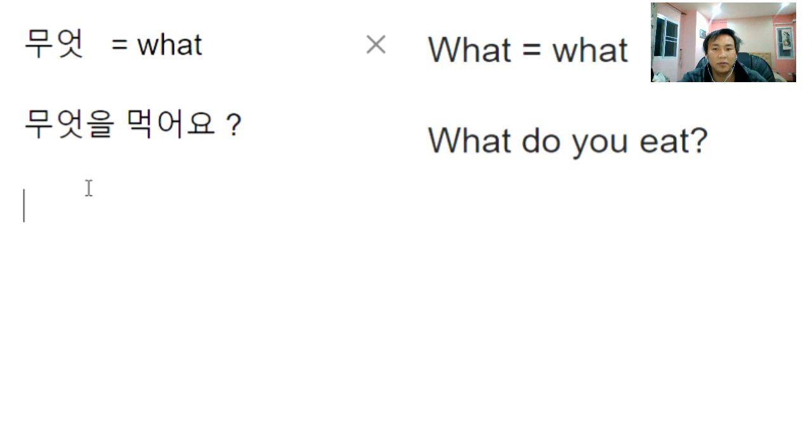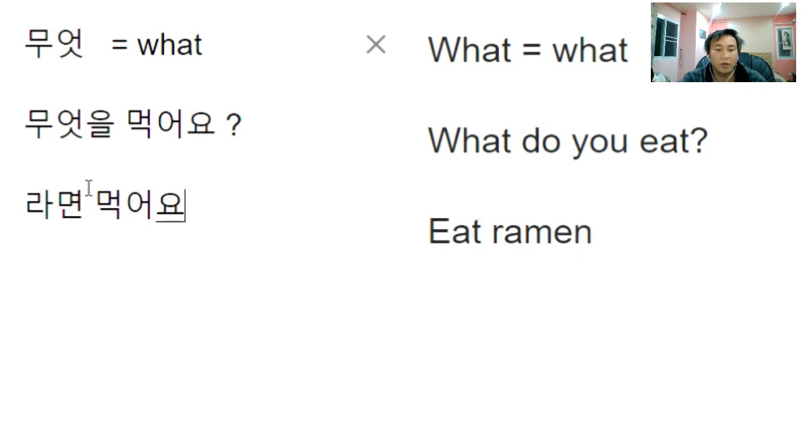So "muos sư mok go yo", and the answer: "ramyeon mok go yo". I eat ramyeon.